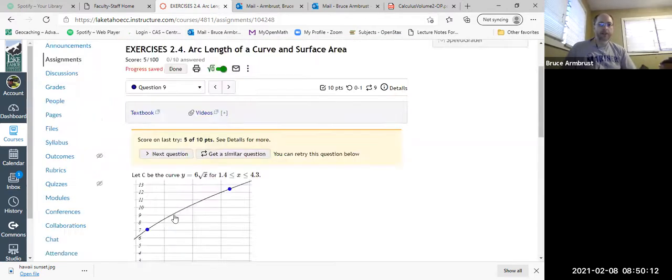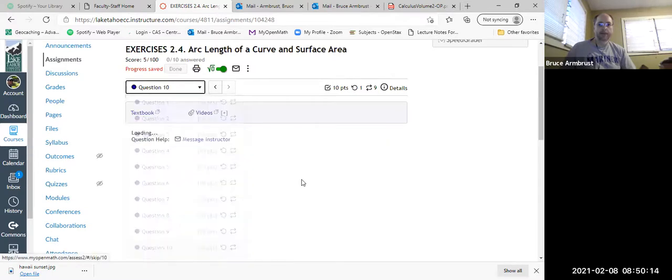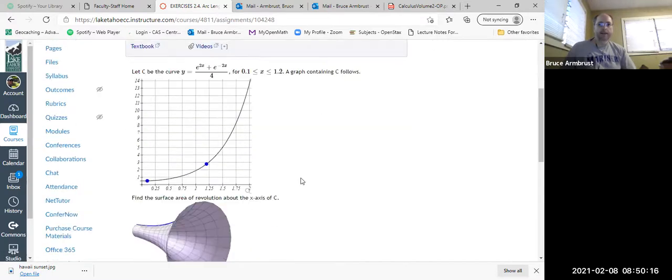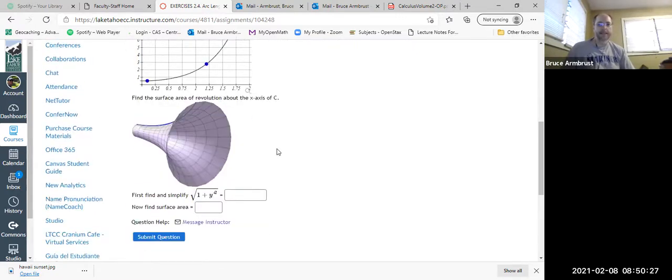All right, so let's look at number 10, see what that one looks like. So here's our curve, e to the 2x plus e to the minus 2x over 4. We're going from 0.1 to 1.2, rotating it about the x-axis. This one says first, find and simplify the square root of 1 plus y prime squared.